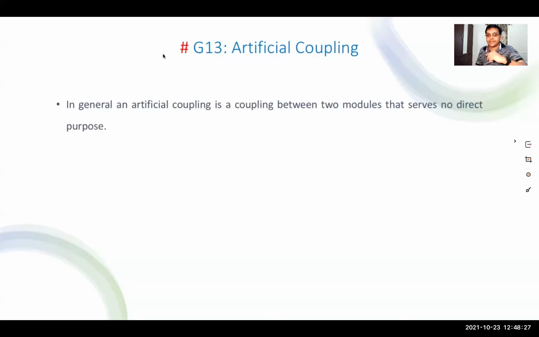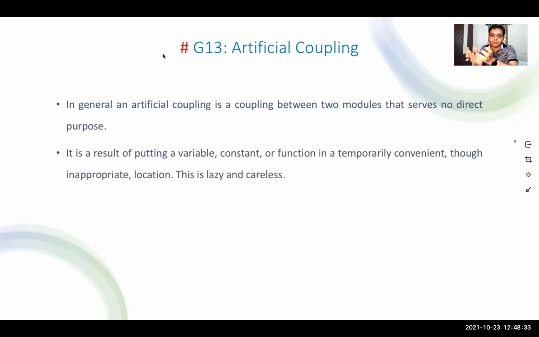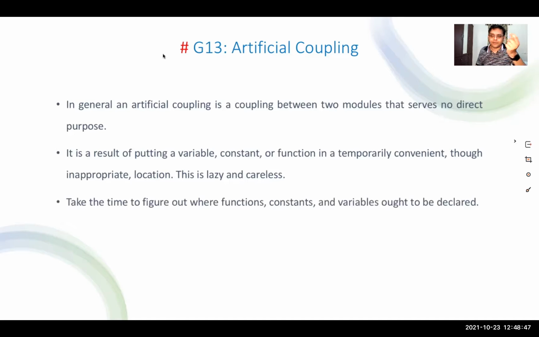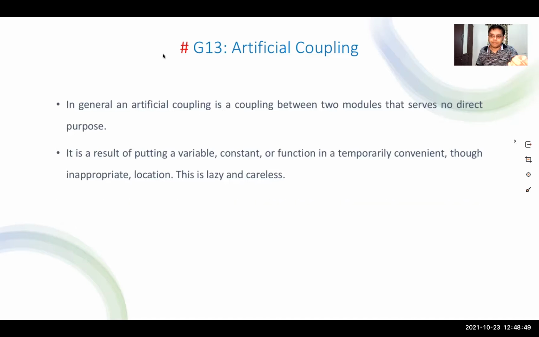Another thing is artificial coupling. We know what coupling is. Artificial coupling is when two modules are coupled even though there is no direct purpose for contact. Temporarily, for convenience, we use that kind of coupling. We don't require it, but because that module has the data, I'm going to get that data from there.